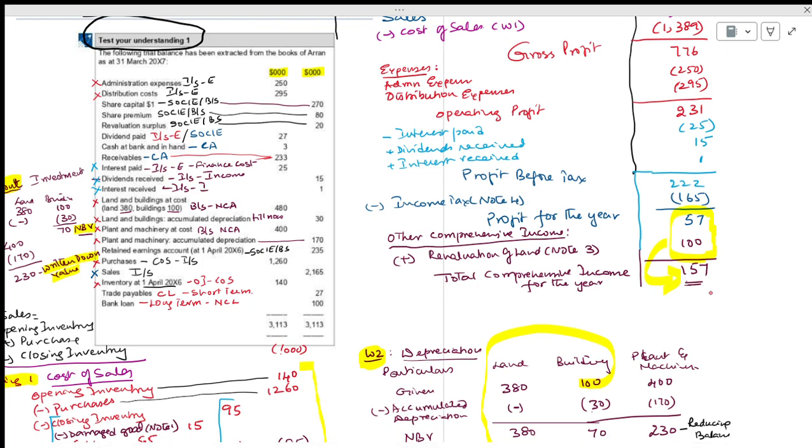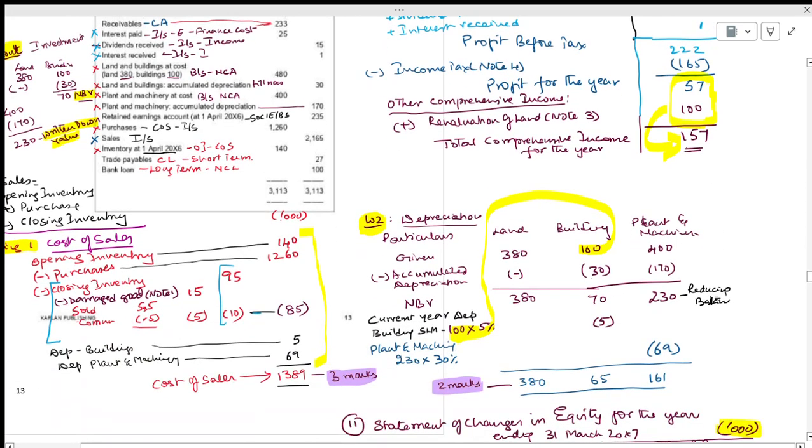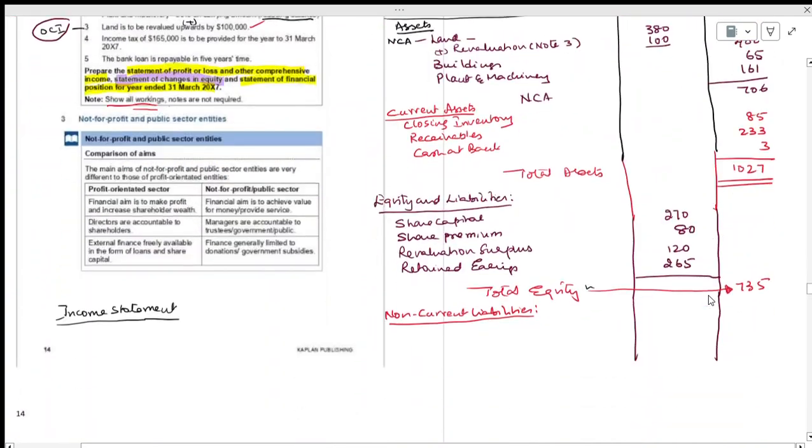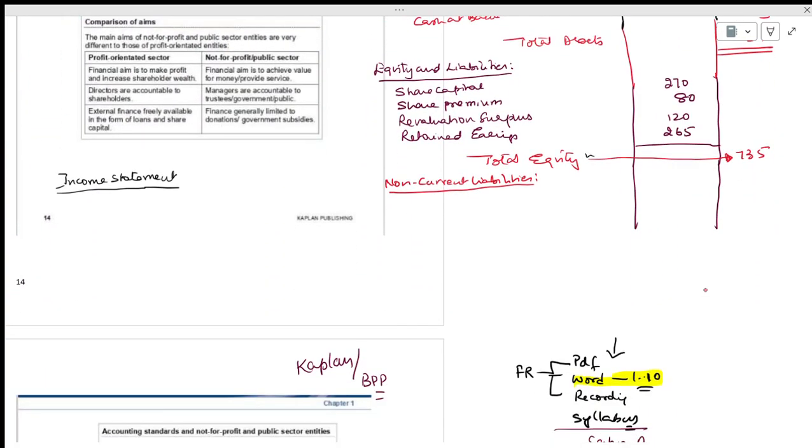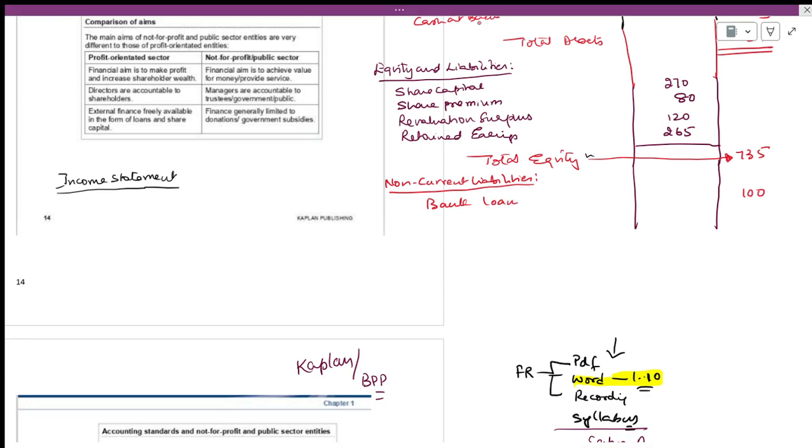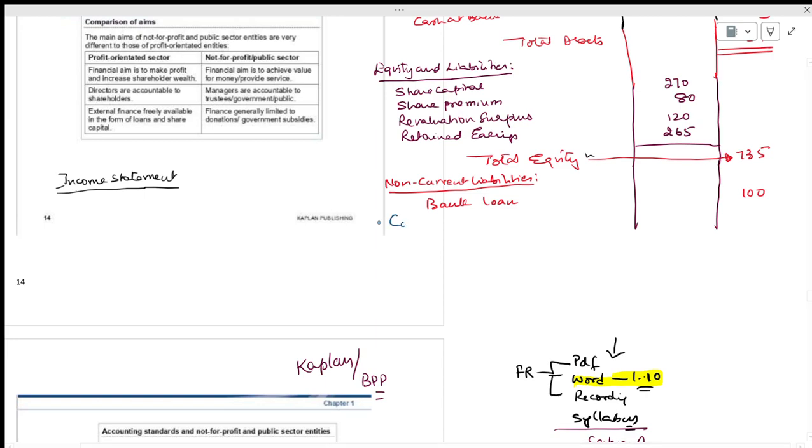Bank loan is there. It is 100. Only one thing is there under non-current liabilities, only the bank loan, which is 100. Okay, next. Current liabilities. Nothing is there.